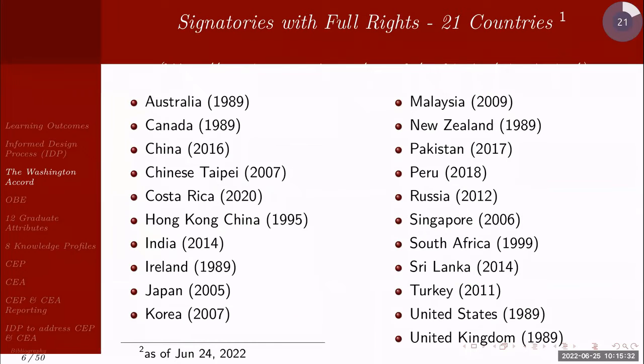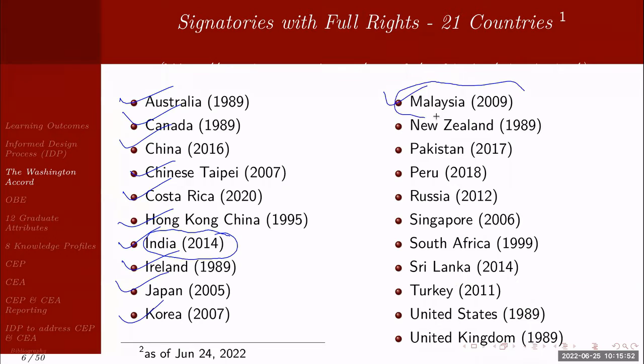Now, there are right now 21 countries who are full signatories. We have countries like Australia, Canada, China, Taipei, Costa Rica, Hong Kong, India. India became a member in the year 2014. Ireland, Japan, Korea, Malaysia. Malaysia became a member in the year 2009. New Zealand, Pakistan, even Pakistan became a member in the year 2017.